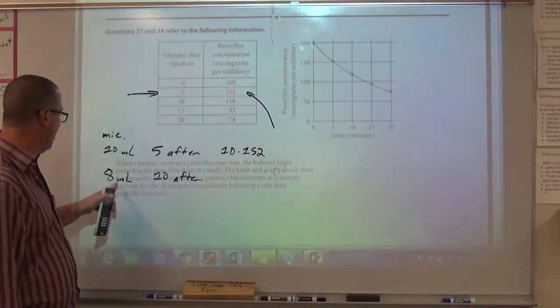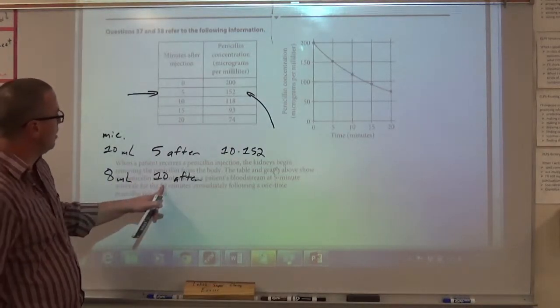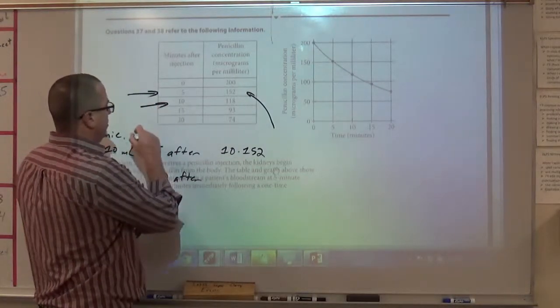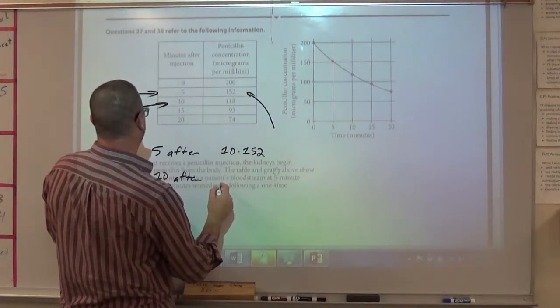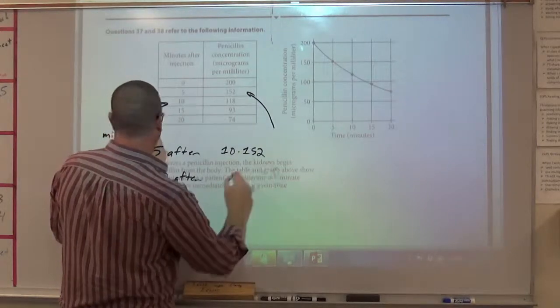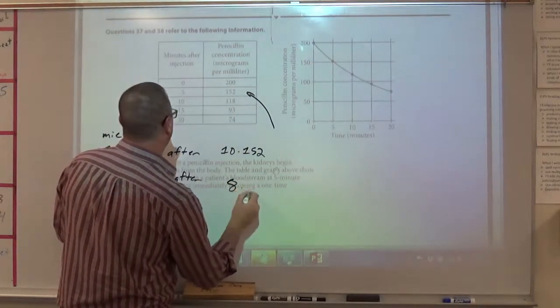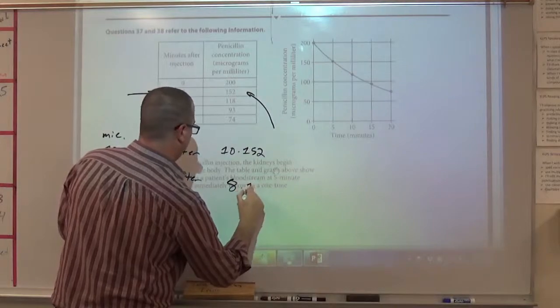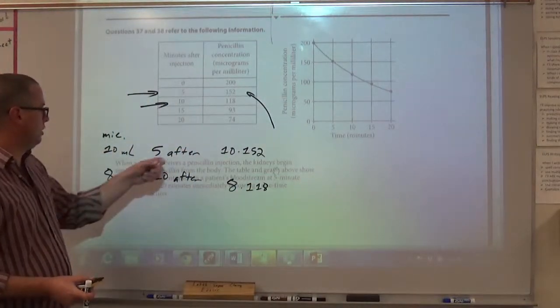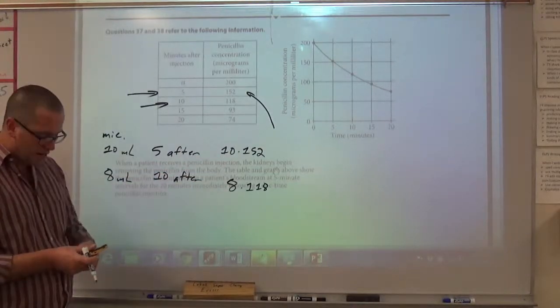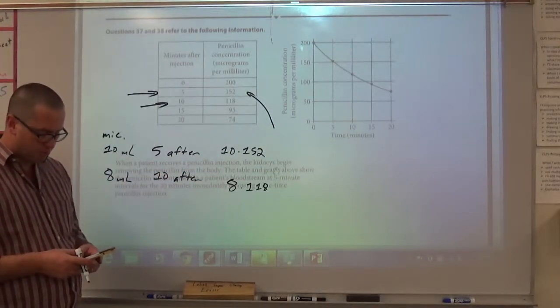And now, when I look at 8 milliliters 10 minutes after, that's here, and that's going to be 8 times 118. And they said how much more is here than here. So we're going to have to subtract after we find out what these numbers are.